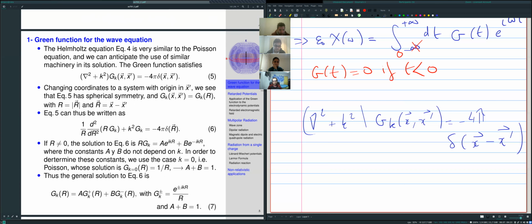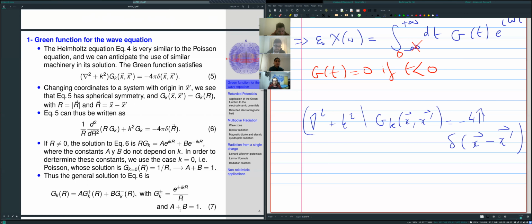And taking into account the specific case of k equals 0, we have eventually that the general solution to equation 6 can be written as this Green function, which is the sum of the plus term, this one, and the minus one, G minus, which is this one. I've written it in this compact form with a plus and minus here.